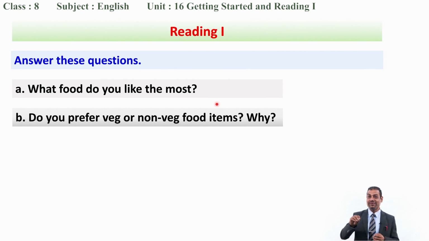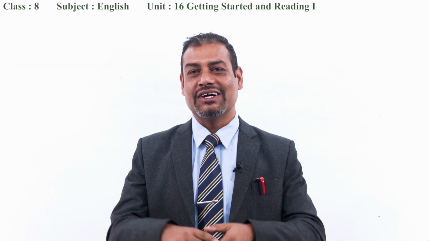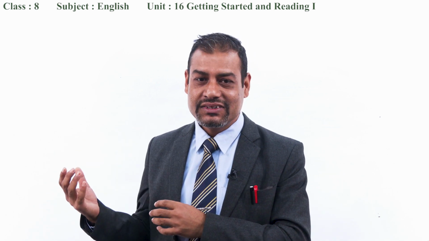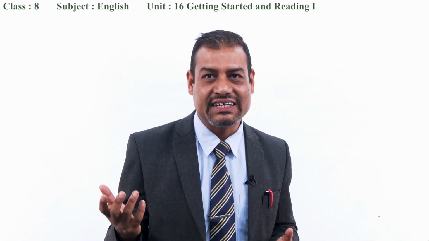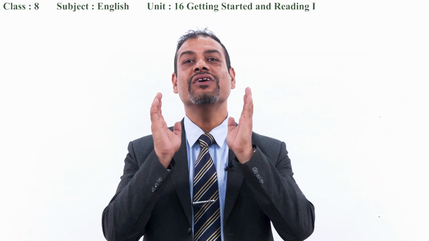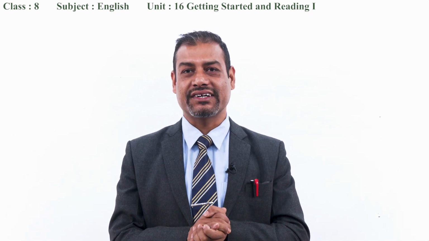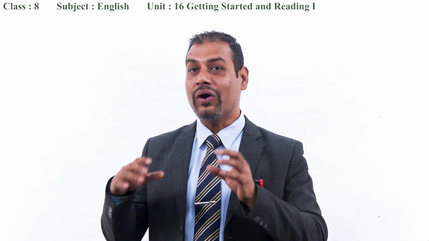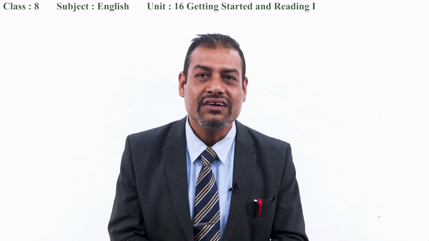Why? Do you like veg, not including meat items, or do you like non-veg, including meat items? So which one do you prefer and why? Okay, that's good. Some of you have said veg items, some of you said non-veg items. And why? There is your one reason. That's great. Now, I hope you can tell me easily what is the text about under reading 1.